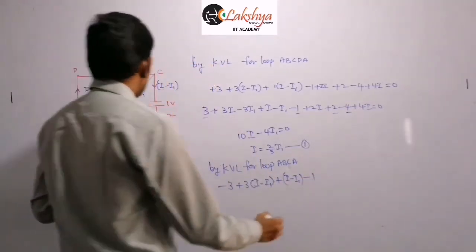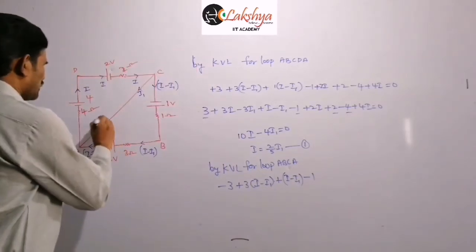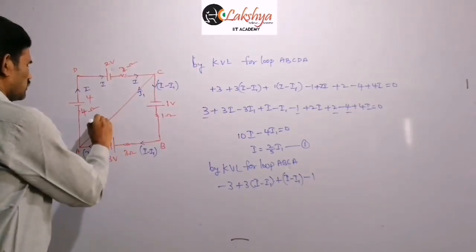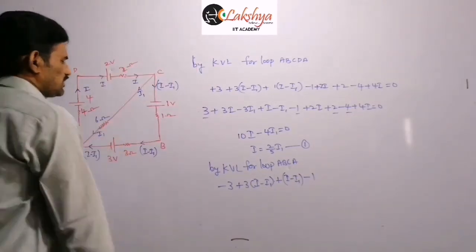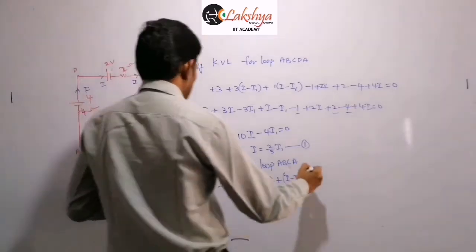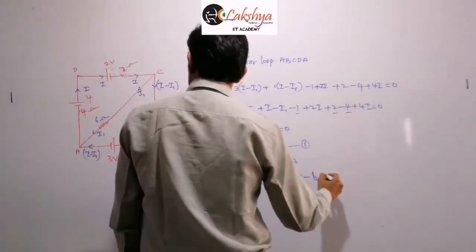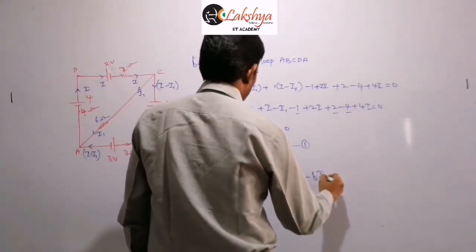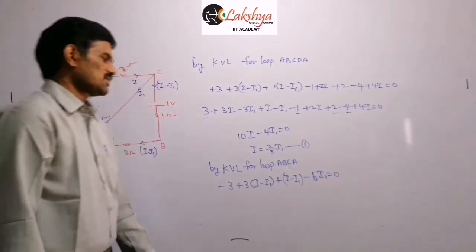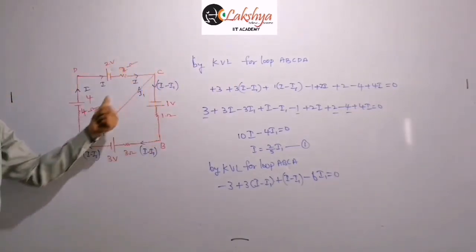And here the resistance is required here. I am taking this resistance as some 6 ohms. It is given data only. So then it is 6i1 I am taking, is equal to 0 for this loop, right?